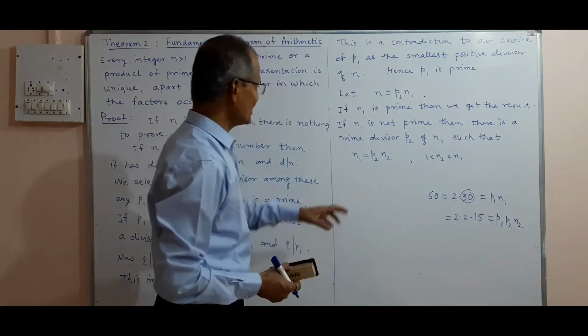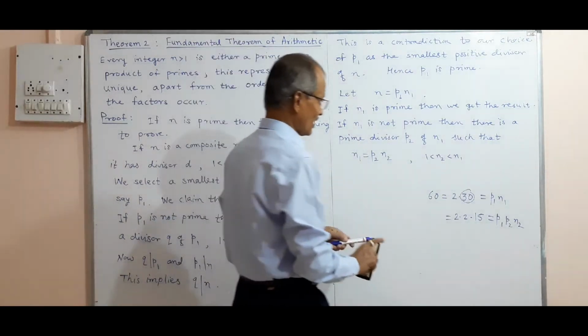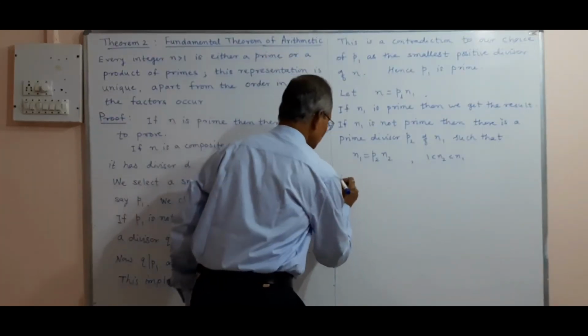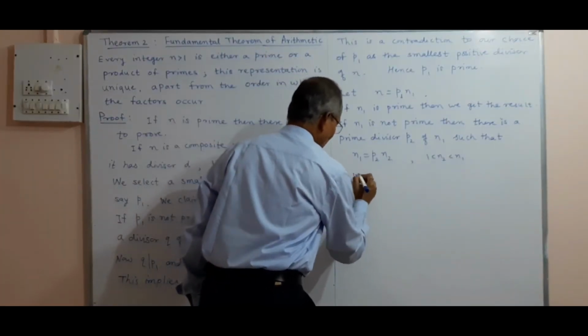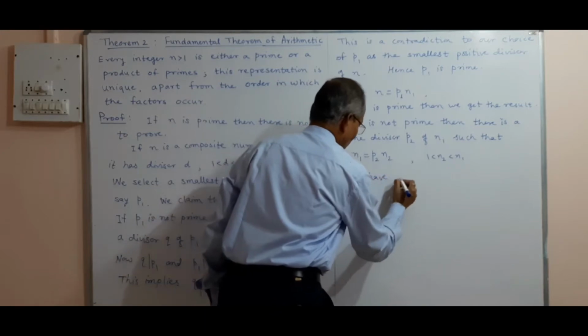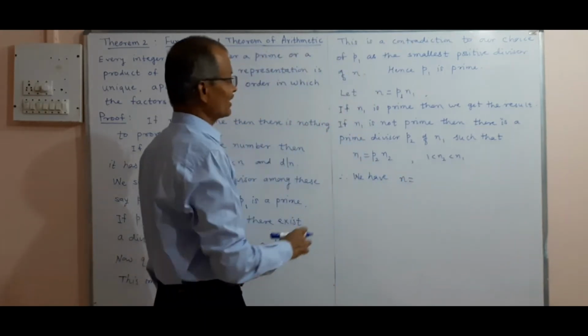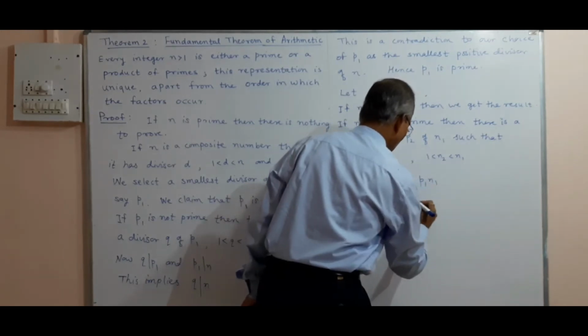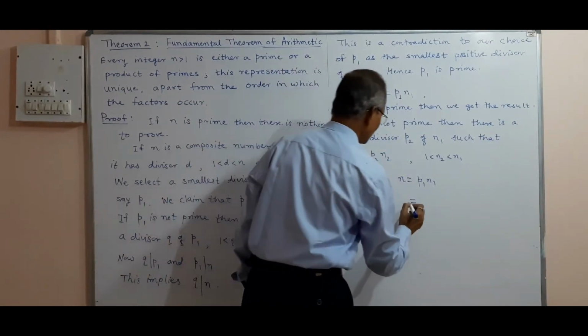So N1 is written as P2 into N2, and therefore we have N equal to P1 N1, and N1 is P2 N2.